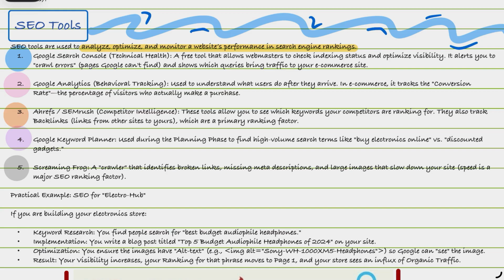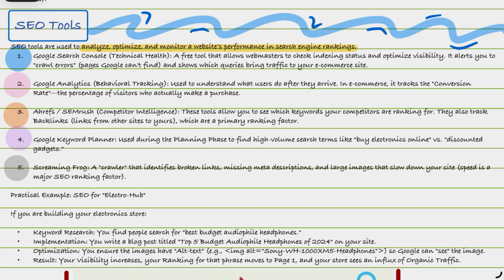All right. Next we have SEMrush. Advanced competitor intelligence suites are provided in this. They let you audit your competitor's website, find out exactly which keywords they rank for, and help you track their backlink strategies.